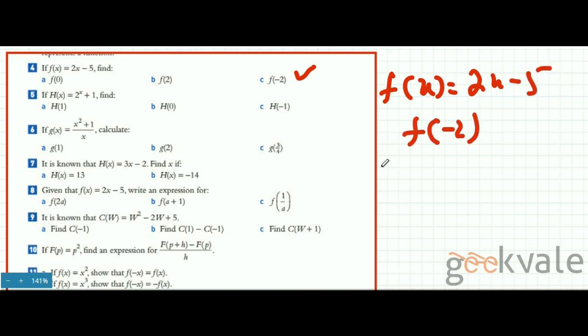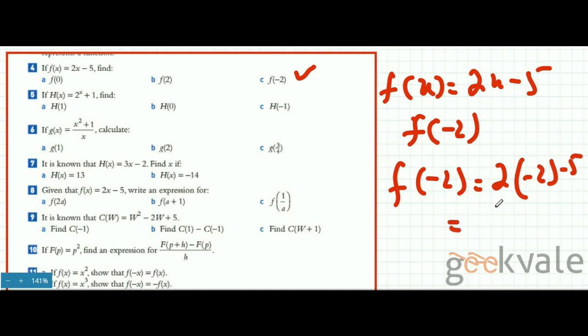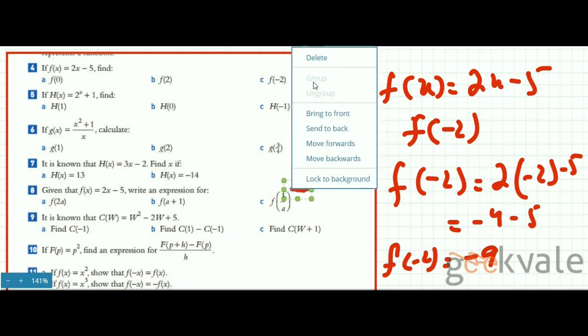The value of the function when the input is this one: just replace x with that. 2 bracket minus 2 minus 5. 2 times minus 2, parentheses represent multiplication, minus 4 minus 5. Two numbers with the same sign, you add them. Minus 9. F of minus 2 is minus 9.